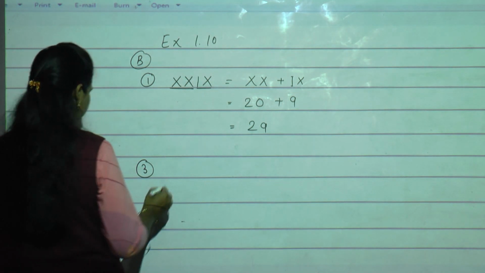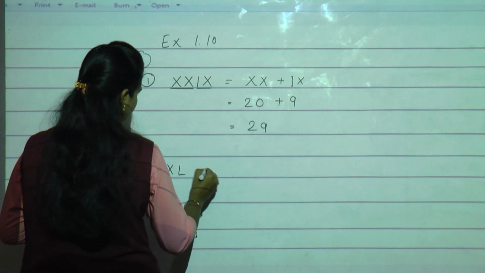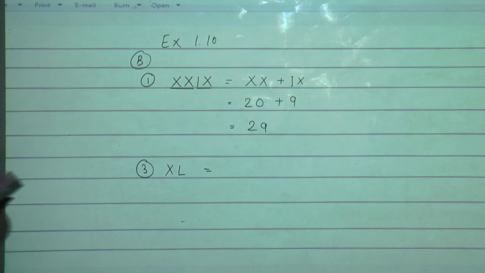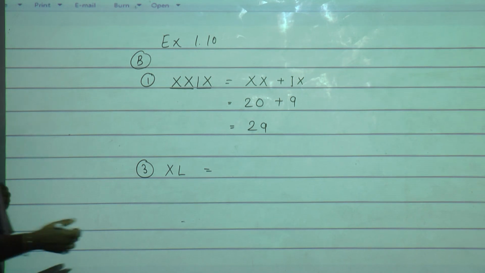Now let me solve the third one for you. What is the third one? XL. See, interesting, huh? Very interesting. We have studied about this in our rule. What is the rule? A smaller numeral written to the left of the numeral of greater value is always subtracted.